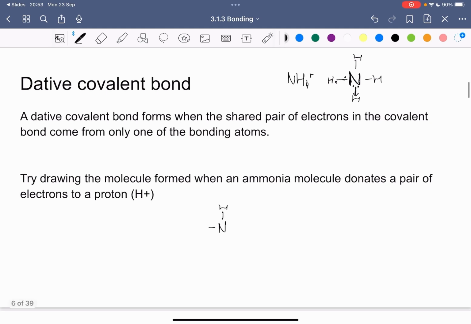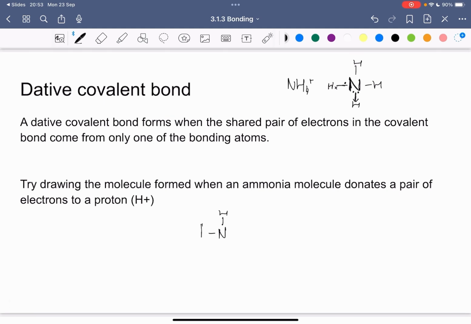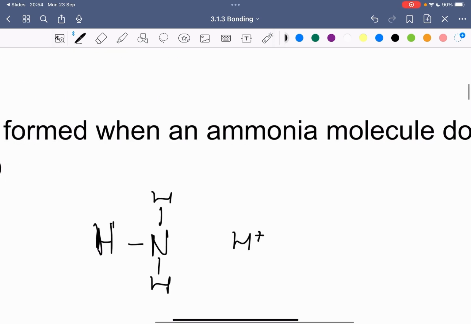So ammonia looks like this, NH3, and it donates a pair of electrons to an H+. Now we know that hydrogen has one electron, so if we have an H+, that means we lose an electron. So now this here has 0 electrons.